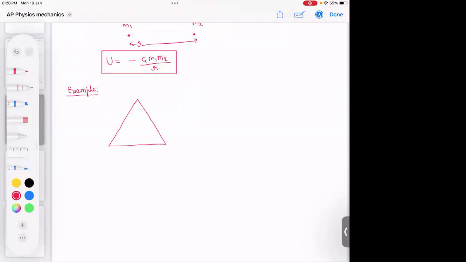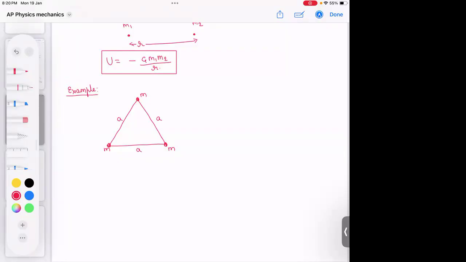Initially, there is a triangle of masses M, M, and M, and the side of this triangle is given as A. An equilateral triangle is given to us in the question, whose side is given as A.